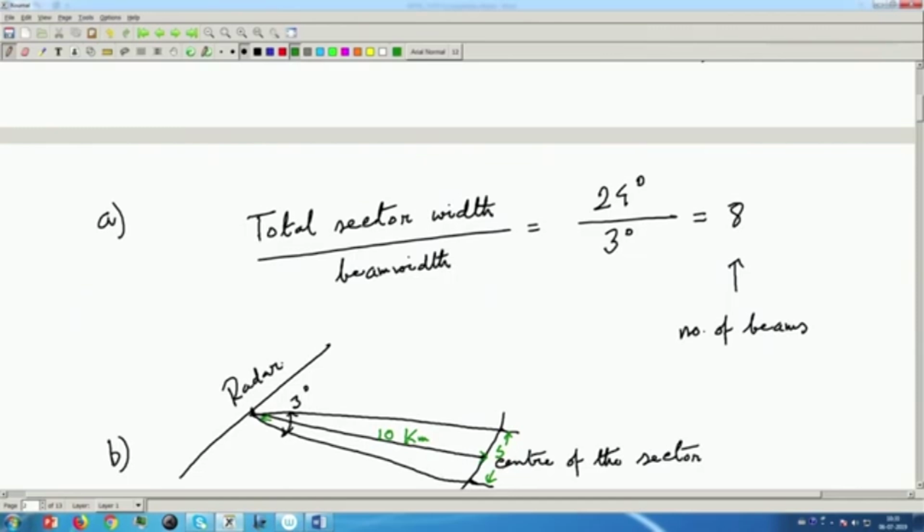So, what is the peripheral length? It is simply S equal to r theta, because r is very large. So, I can apply this formula S equal to r theta. I should remember theta is in radian. This is actually called the beam footprint. So, S is nothing but the beam footprint.